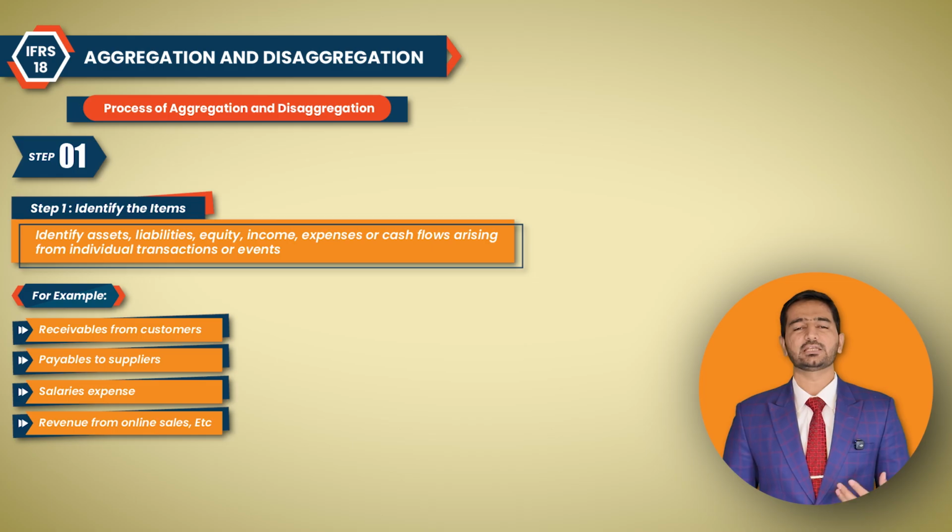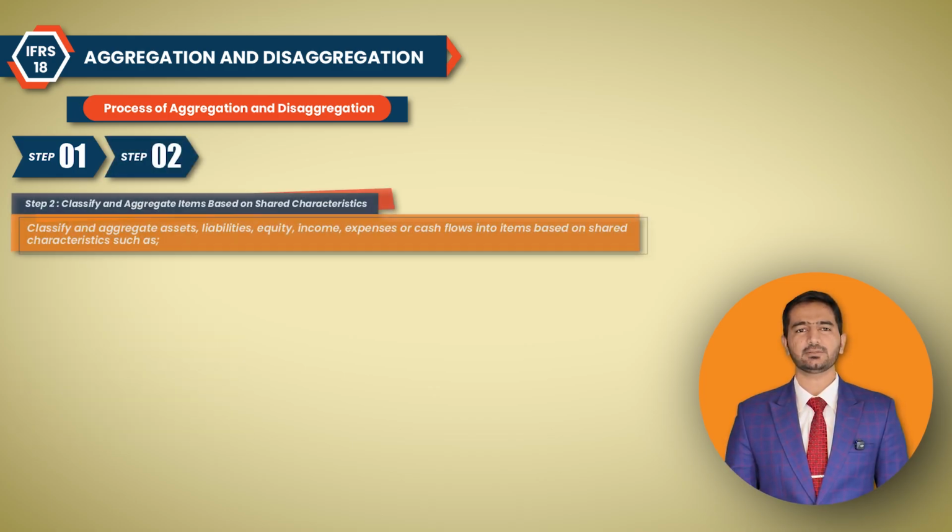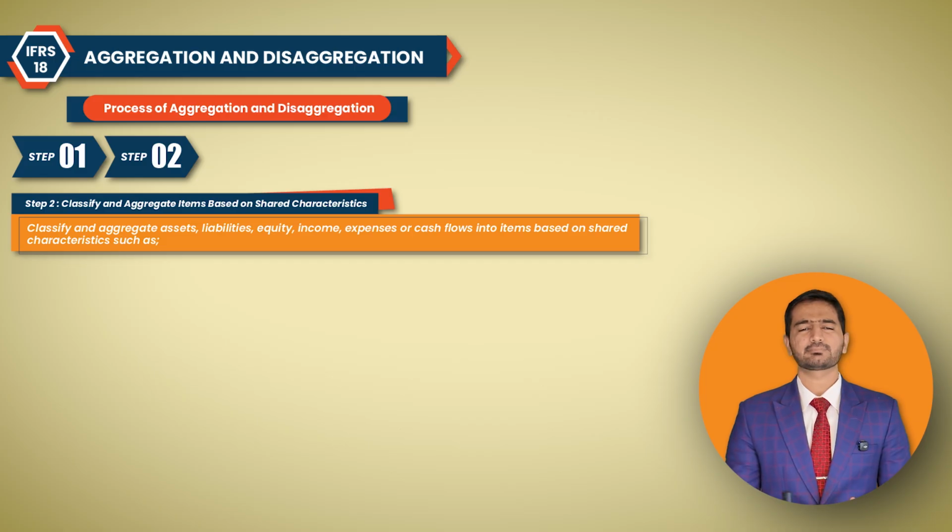Now once we have identified the items, that is assets, liabilities, equity, income and expenses or cash flows, the second step is to classify and aggregate them based on shared characteristics. You have to simply ask yourself, can I group any of these items together based on what they have in common? Well, you can group items together if they have shared characteristics.